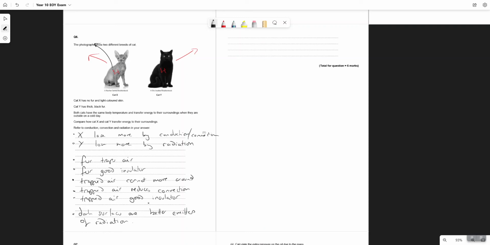So 8 points. I've missed one. Oh yeah, larger surface area increases conduction. Large surface area increases conduction. I am going to consider that. I'm going to know why that is.